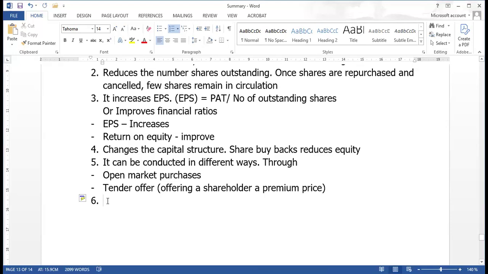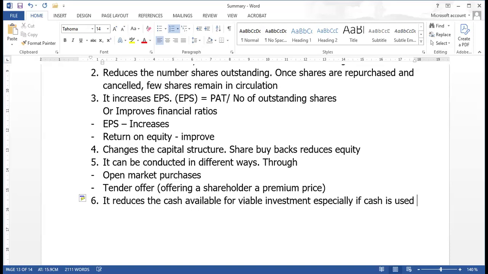If you're using cash, it reduces the cash available for viable opportunities, viable investments, especially if cash is used to repurchase the shares.